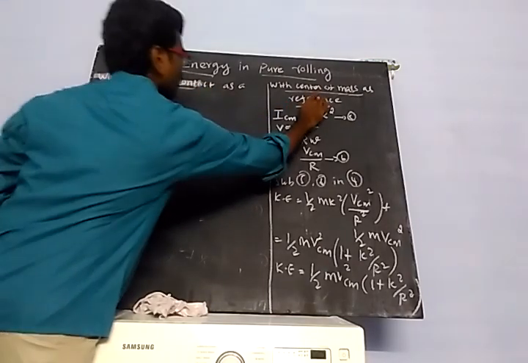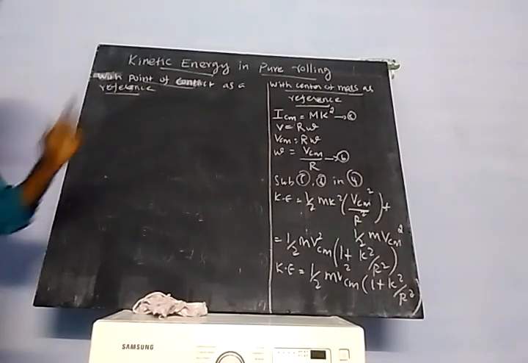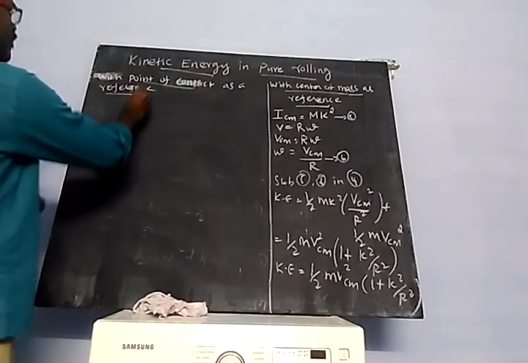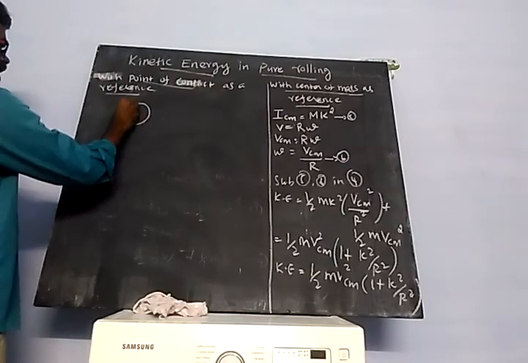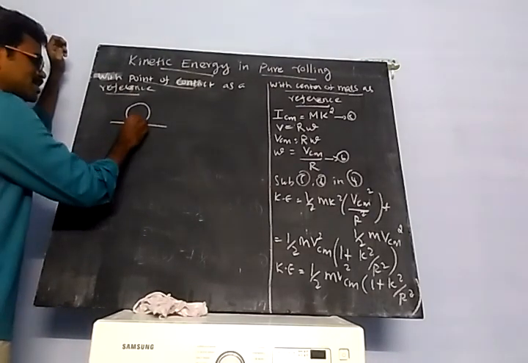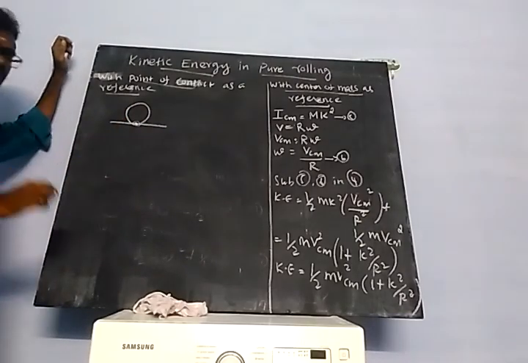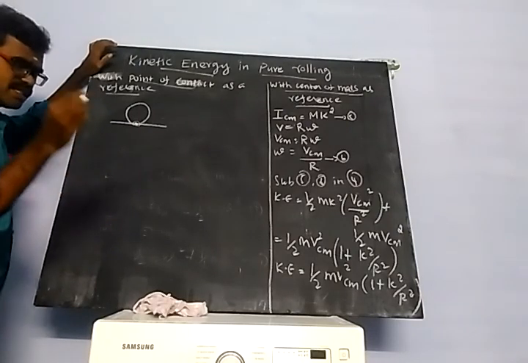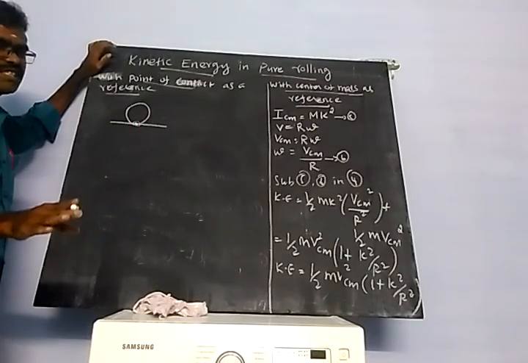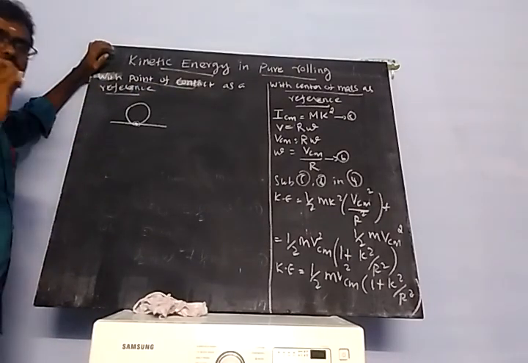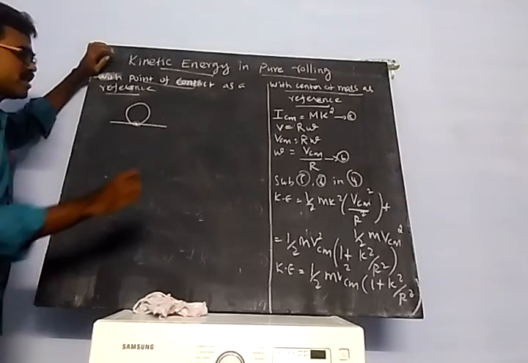Now that object is moving, so that object is in contact with this point. Okay, only one point is in contact. So at this point, what is the kinetic energy? It is considered as a rotational motion, not a translation. Here, with the point of contact as a reference, we are momentarily taking it as a rotational motion alone.